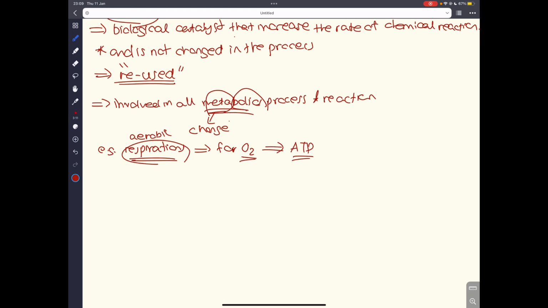Now, ATP stands for adenosine triphosphate, right? ATP is an energy molecule. It is a universal energy carrier or molecule, you can say whatever you like, but it is an energy carrier molecule, and it's basically used as a form of currency or a form of money in the biological world, right?